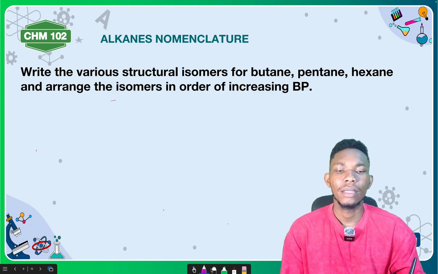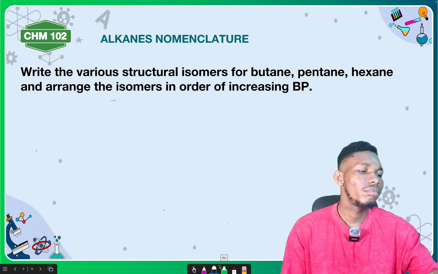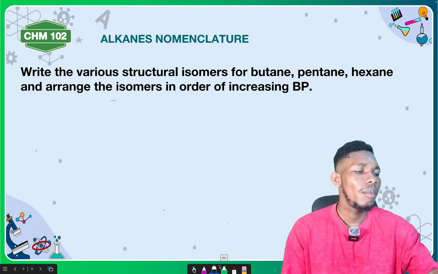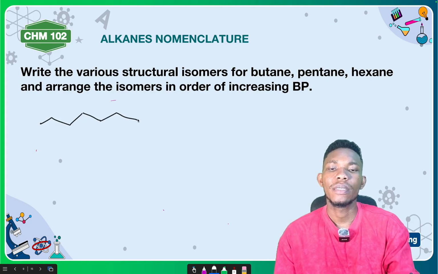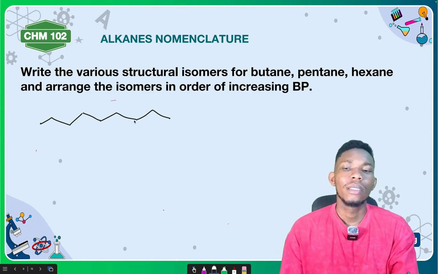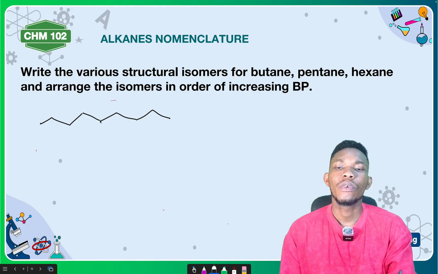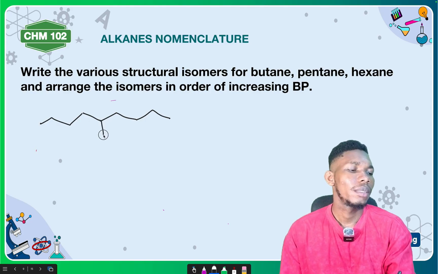So here you have how many carbons? 9. So 1, 2, 3, 4, 5, 6, 7, 8, 9. Exactly. Then here 1, 2, 3, 4, 5. Here's 1.